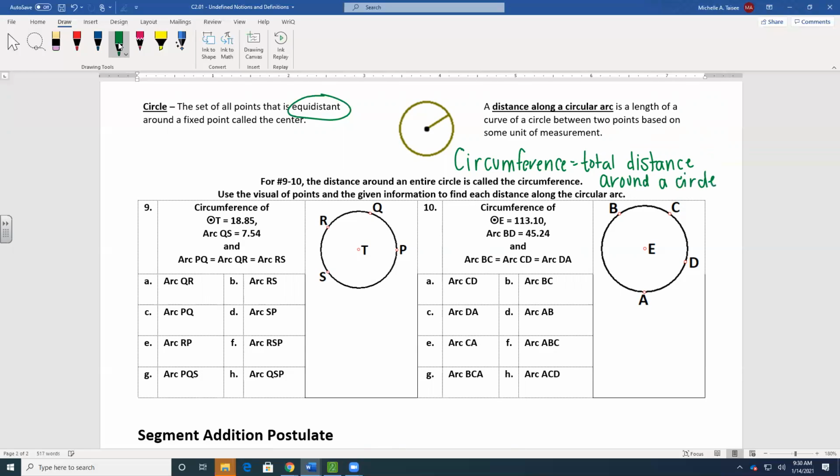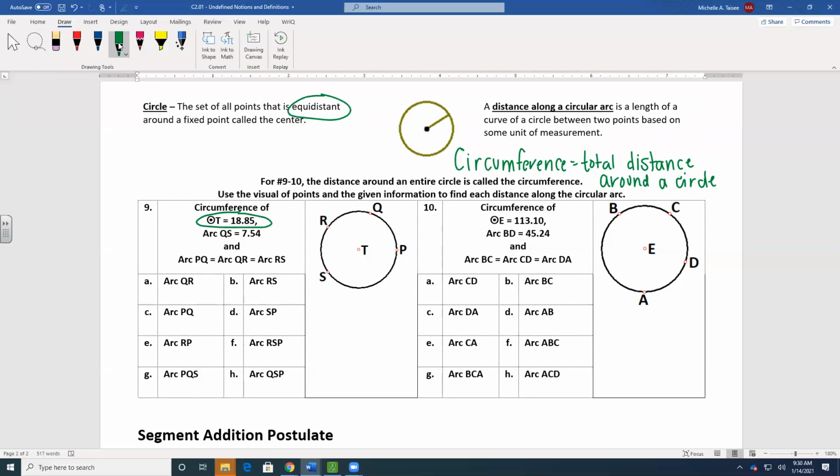So we're looking at some arcs, which is a circular arc. We're going to look at some distance around the circle, but not the entire circumference. So looking at number 9, we have circle T. So we name a circle with the center. So the circumference all the way around is 18.85.